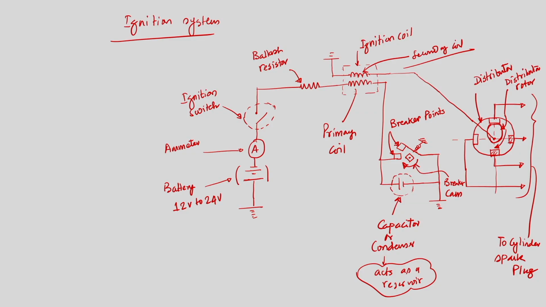Immediately, when the rotor comes to the next terminal, that high voltage is used to break the gap of the spark plug, and we can ignite the fuel air mixture in a particular cylinder.